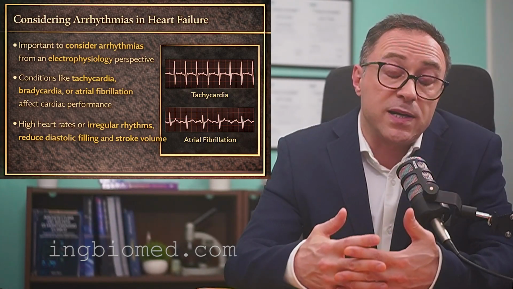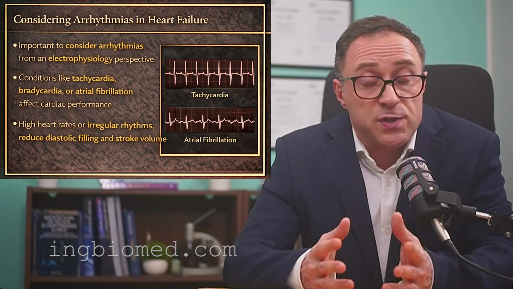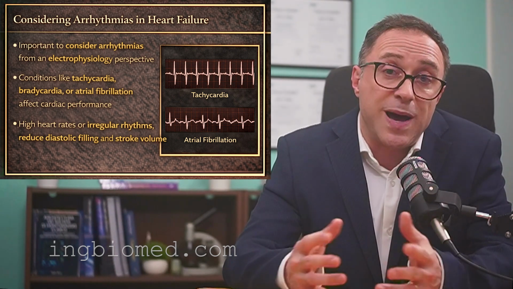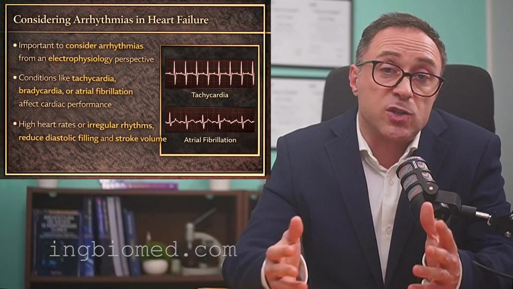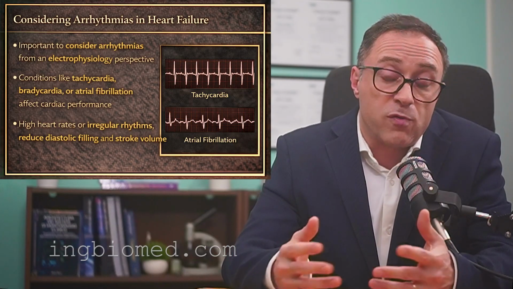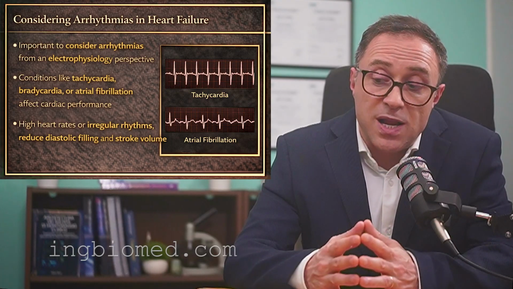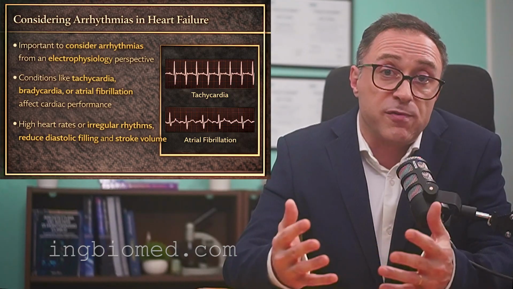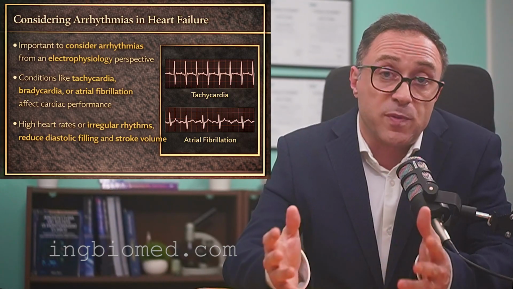From an electrophysiology perspective, we also have to consider arrhythmias. These can originate from abnormal impulse generation, for example, in ectopic foci, or from conduction abnormalities. Conditions like tachycardia, bradycardia, or atrial fibrillation can significantly affect cardiac performance.